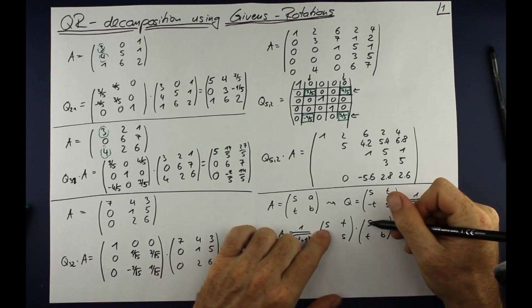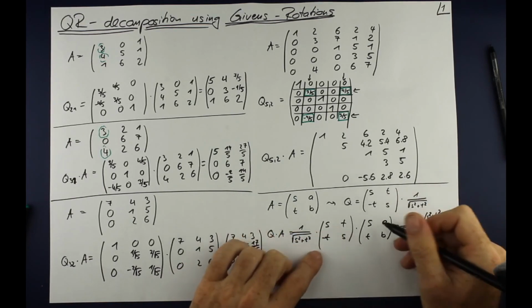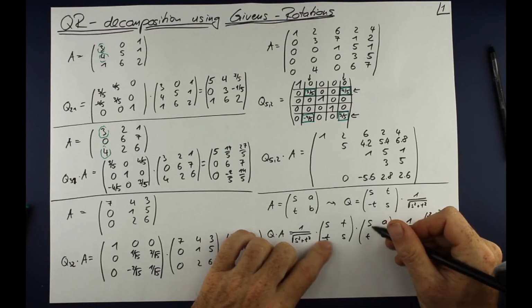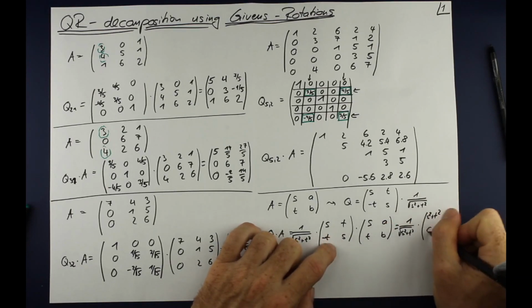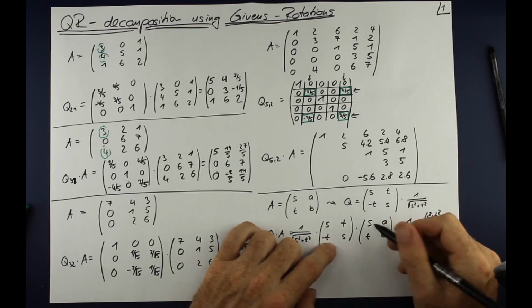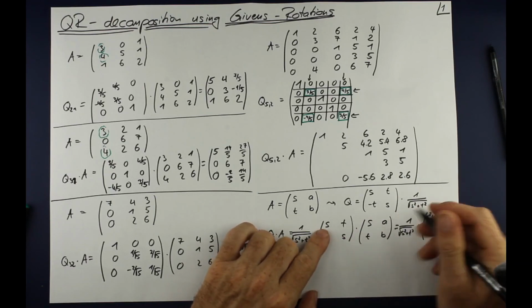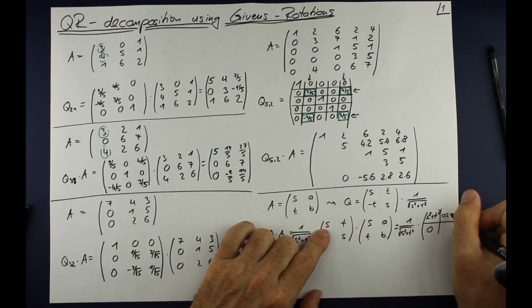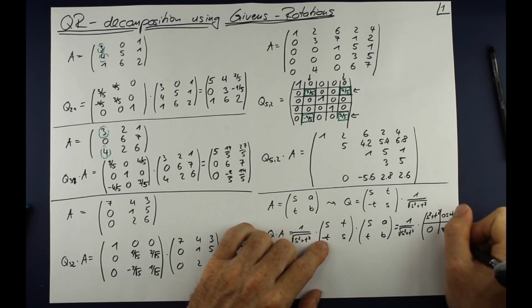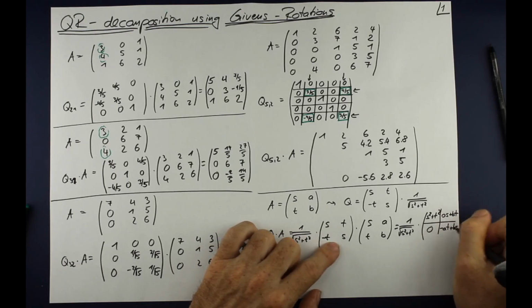We get S squared plus T squared, and we get minus ST plus ST, which is 0. So the 0 is guaranteed using that structure.